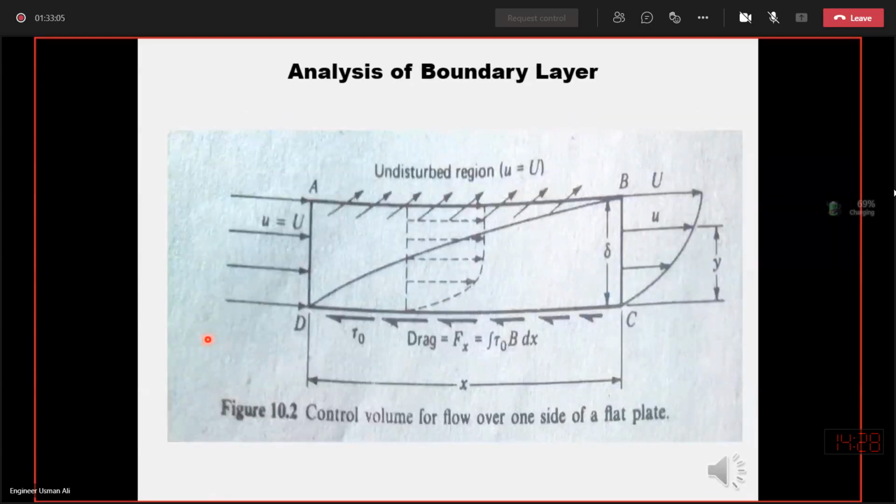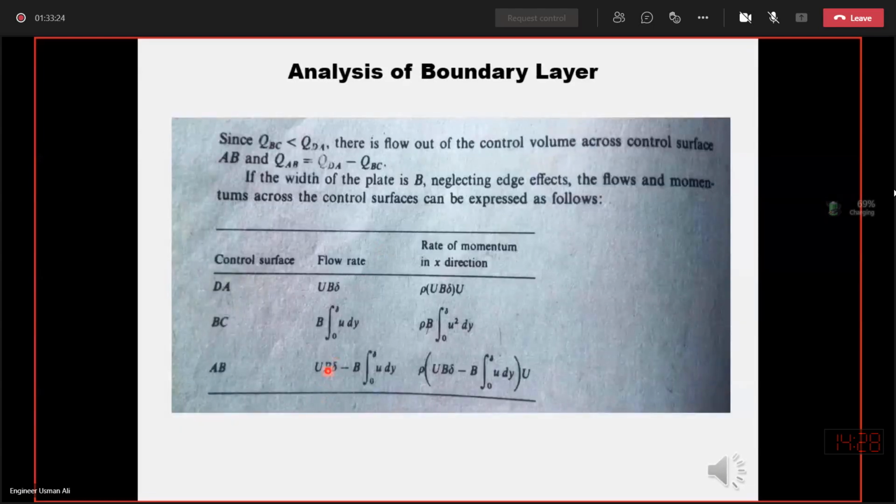So this is control surface AB, this one. The velocity of the fluid is capital U at this surface, where the fluid is leaving the control volume. And what is the flow rate? The flow rate is simply the difference between the flow rate at DA and QBC.